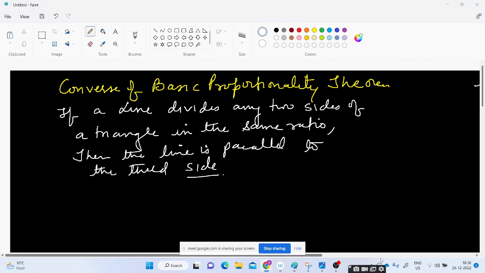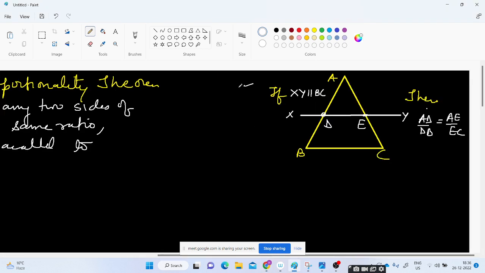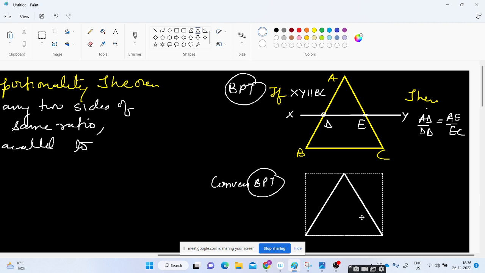So now what is if here? The condition is this is BPT, and for converse of BPT, what we have to remember is the white triangle and this blue line.